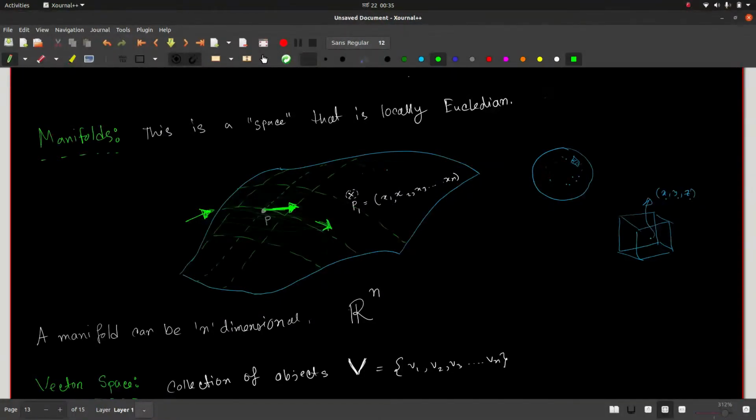Now you can also go from this arrow to this way through point P, and you can draw another tangent. And similarly you can go in other directions as well, for example this way.